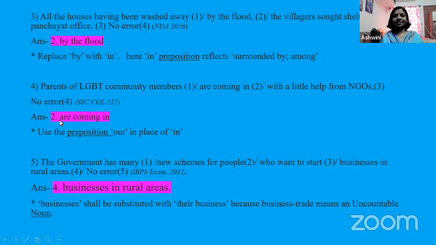Our right answer is the second part, because we find the error there: "coming out with a little help from NGOs". Instead of "in", we use the preposition "out".